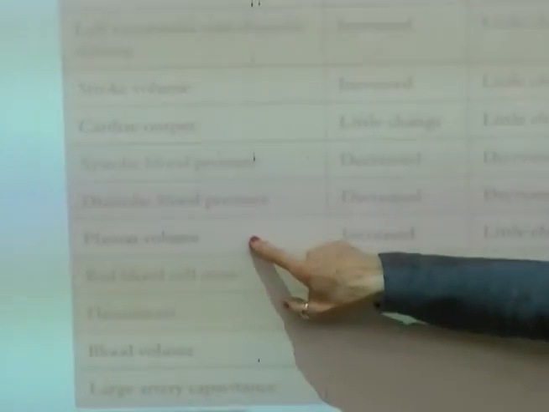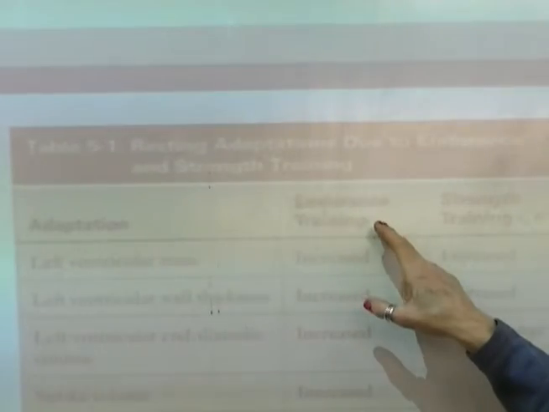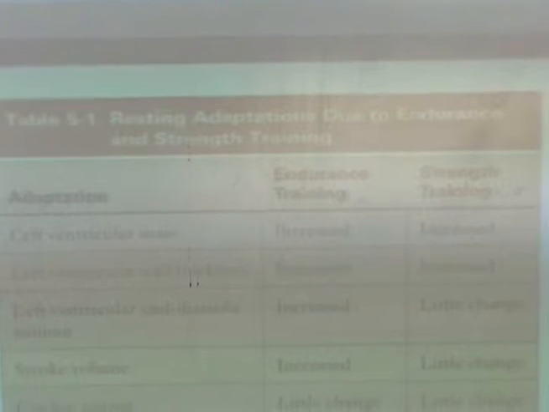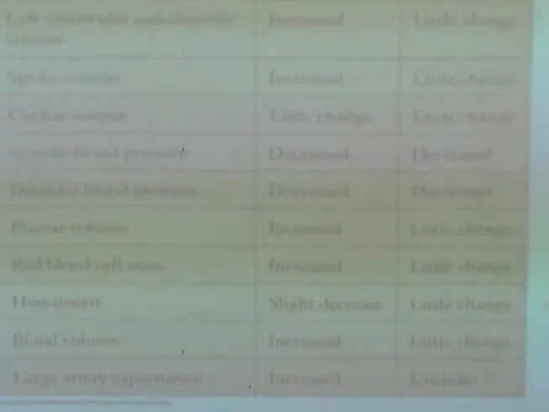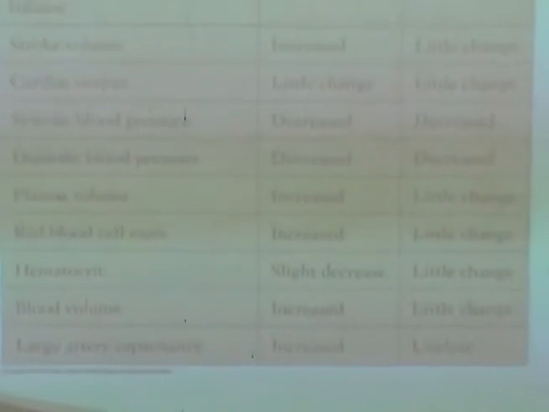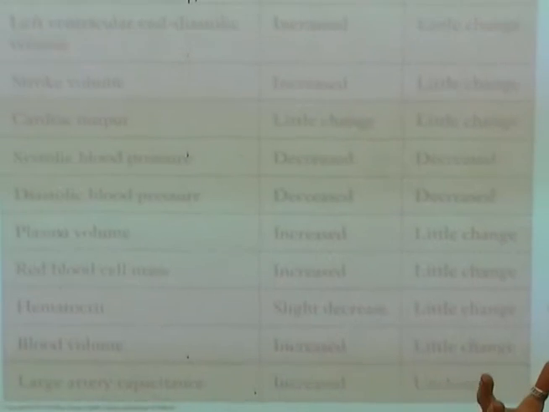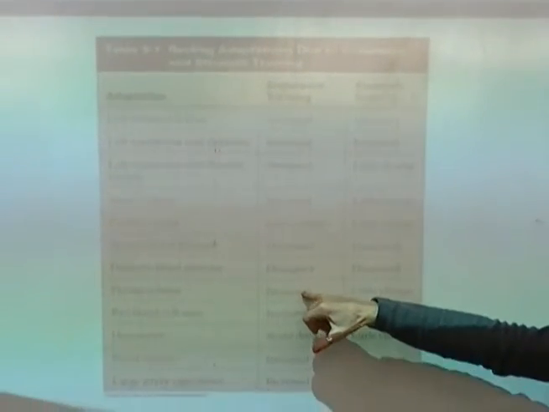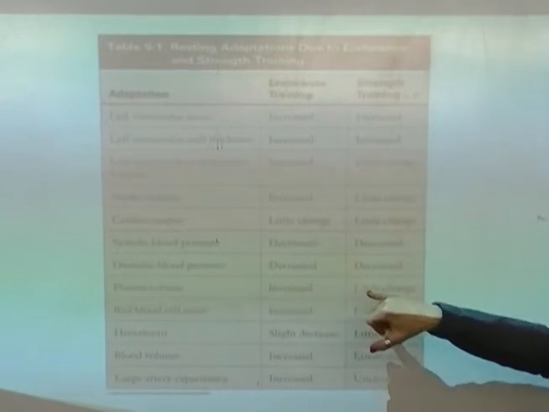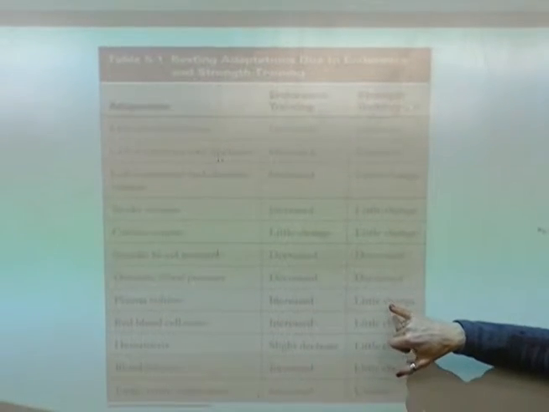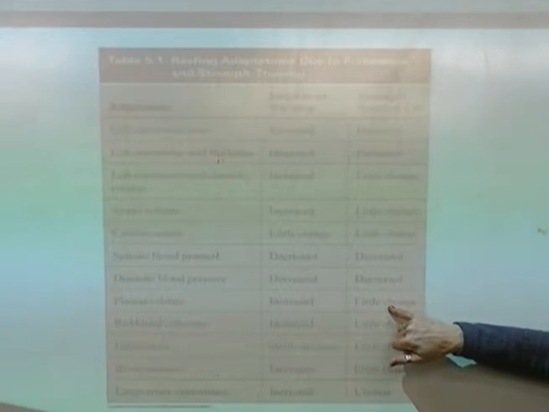Plasma volume at rest for an aerobic athlete is increased. So they have much higher blood volumes for carrying this oxygen around and being able to make ATP aerobically. We don't see that same change in plasma volume with a strength athlete.